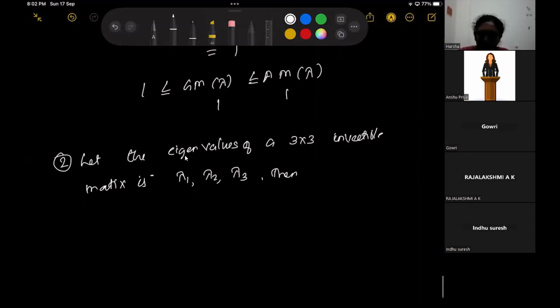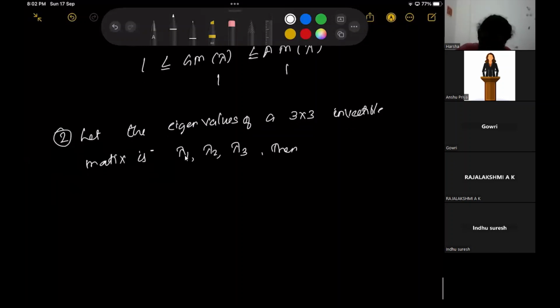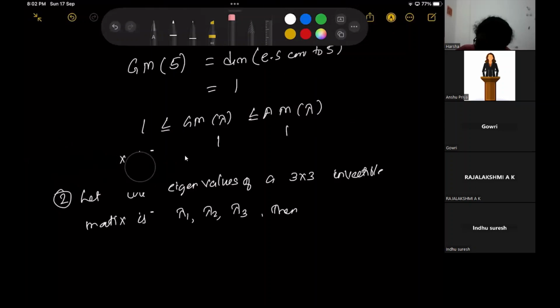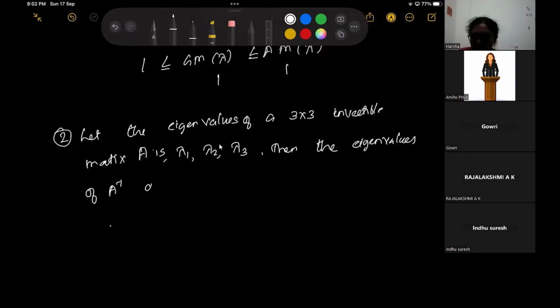Now, here, the invertible matrix A. The question is, given an invertible matrix A whose eigenvalues are lambda 1, lambda 2, lambda 3, what are the eigenvalues of A inverse?